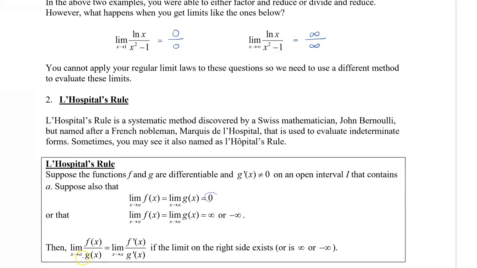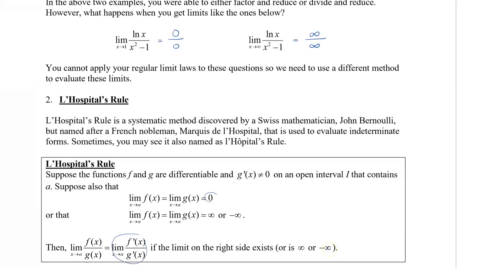Then the limit of f of x divided by g of x as x approaches a is equal to the limit of f prime of x divided by g prime of x as x approaches a, if the limit on the right side exists, or equals infinity or negative infinity.